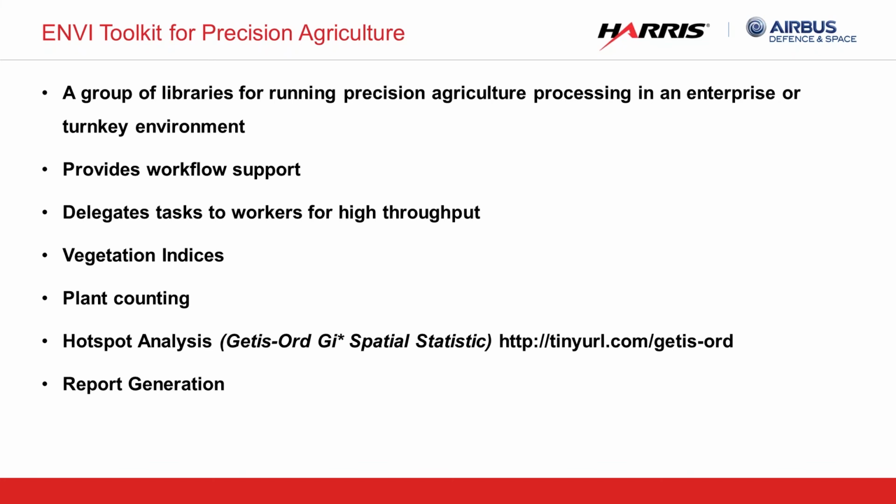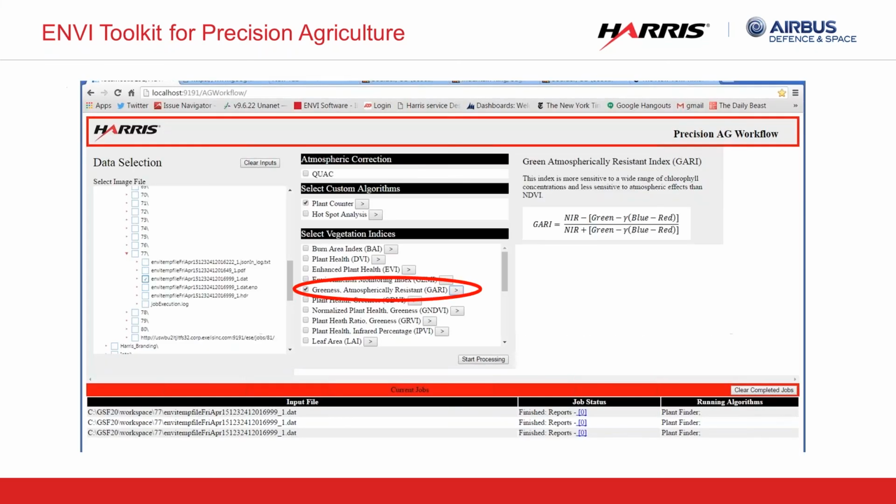So here we have the interface, and this is kind of like a helper interface. Again, this is a library, and it's more intended to be run in a background or a command interface. But if you're working on debugging, the workflow I used to generate these products in ENVI was essentially to do the pre-processing in ENVI, to find that best workflow, do the data discovery, and then once I got to that point of going, okay, this atmospherically resistant index works really well, that's when I go over into this interface and walk through it once and go, okay, everything works, now let me automate it.